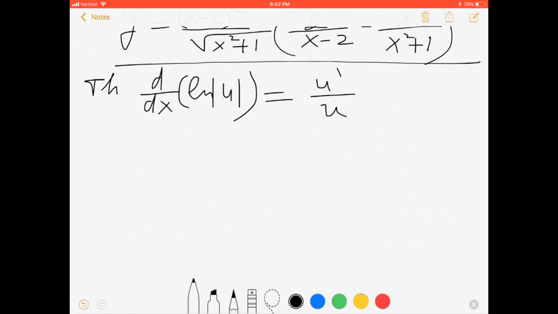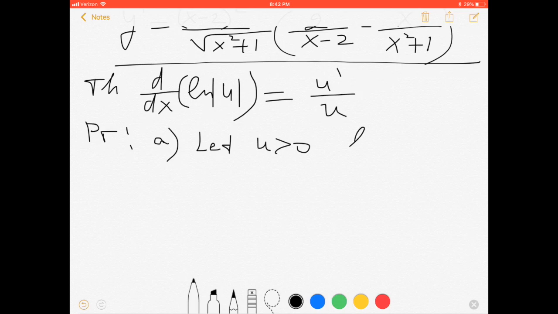Okay, how can we prove this fact? If you have the absolute value of u, this means you have two possible situations: u is positive, or u is negative. A, u is positive.